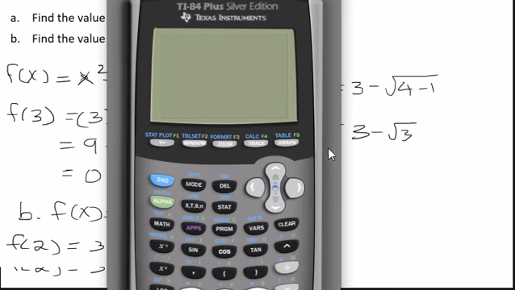Any graphing calculator or the scientific calculator should be okay for this type of work, but later we might need a graphing calculator. So in this case I'm going to enter 3 and then a minus. Of course you can't see the keys that are outside the recorded screen here. Minus, and then the second, and the square root is right here.